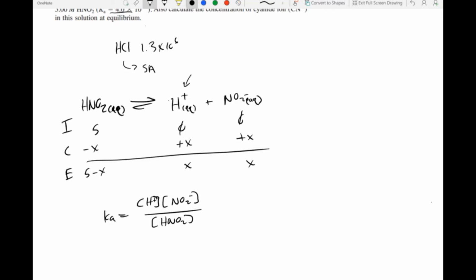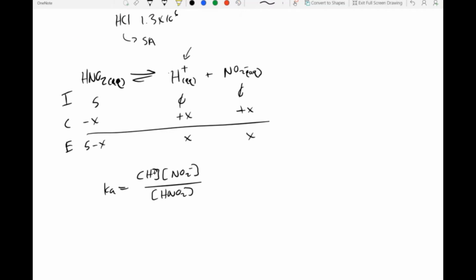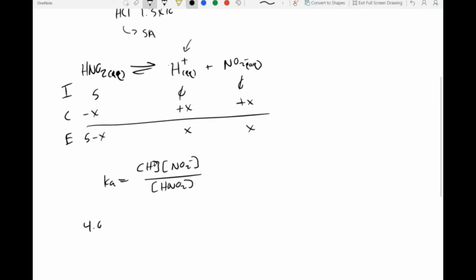So the problem gave us Ka, the Ka being 4.0 times 10 to the negative 4, equals, and the H plus here, we said that it was x, so we can just plug in x for it, and NO2 minus, we said it was x as well, and HNO2, it's going to be 5 minus x.